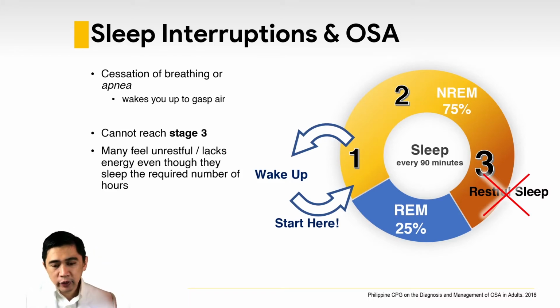Some people even tell us that they sleep around 8 to 10 hours, but they wake up still feeling a lack of energy or fatigue. Probably the quality of their sleep is not good. And this is actually what happens with OSA. There will be a problem in your sleeping because of frequent awakenings because of disruption of breathing.